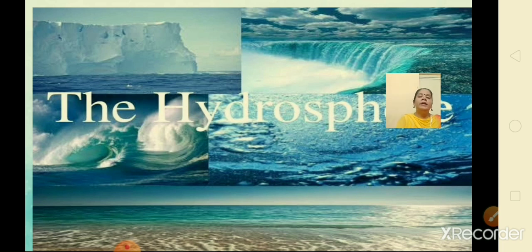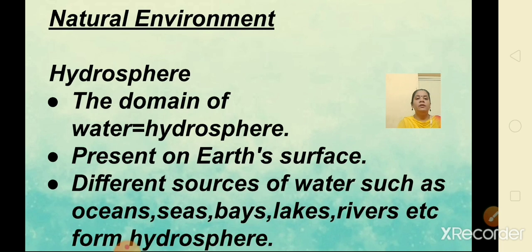Now the next one is the hydrosphere. The water that is present on the earth is referred to as the hydrosphere. The different sources of water such as oceans, seas, bays, lakes, rivers, etc. form the hydrosphere.